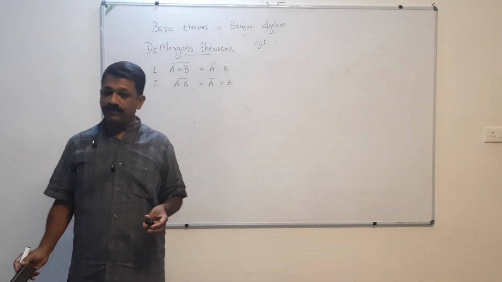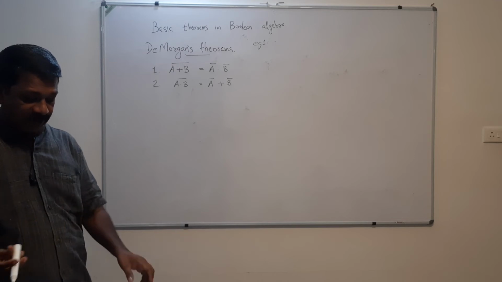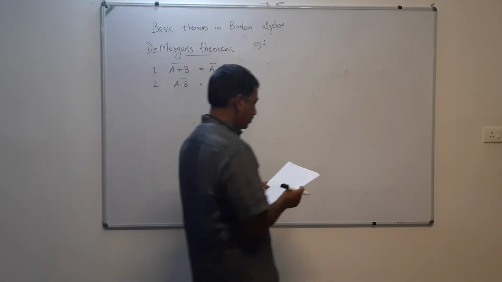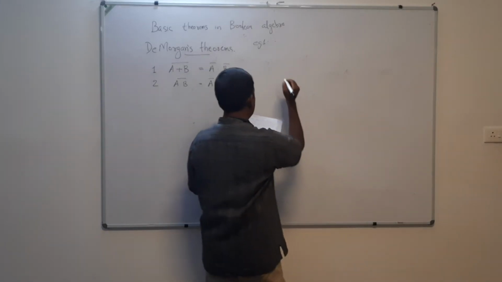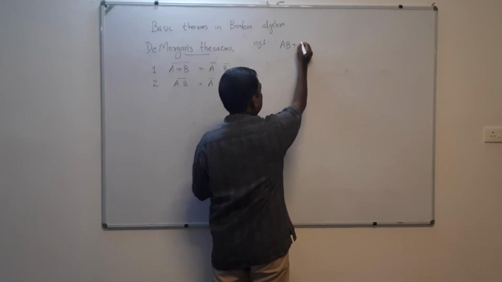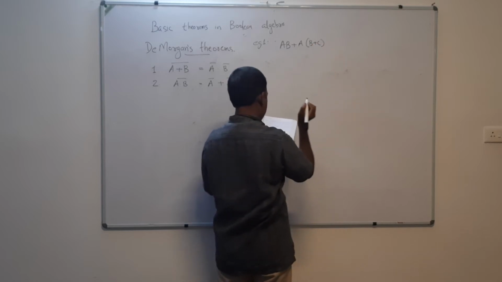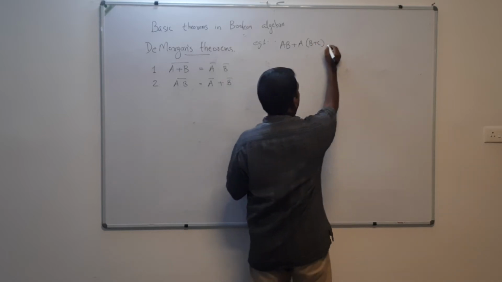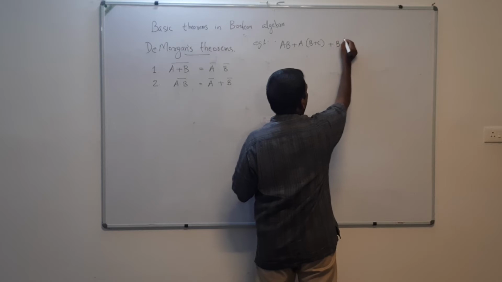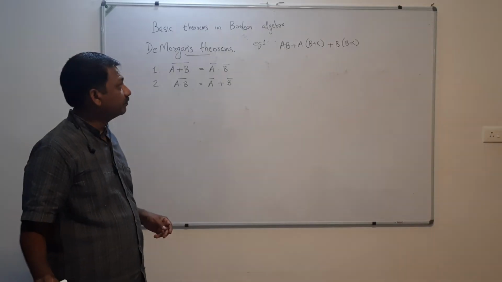Earlier we have discussed some postulates, and regarding simplification, I'm going to explain another example. AB plus A into B plus C plus B into B plus C.